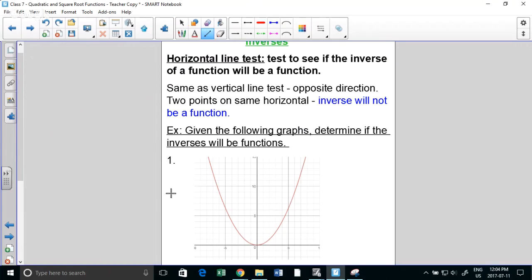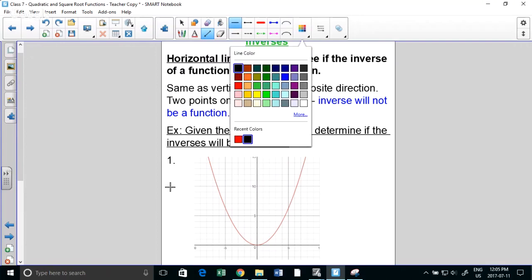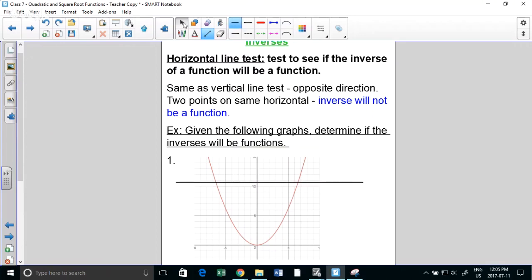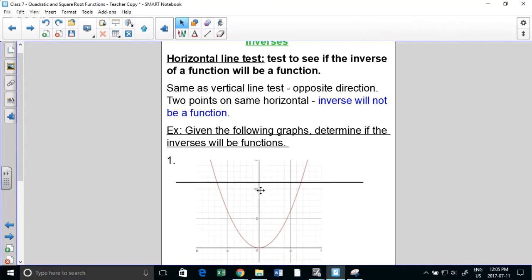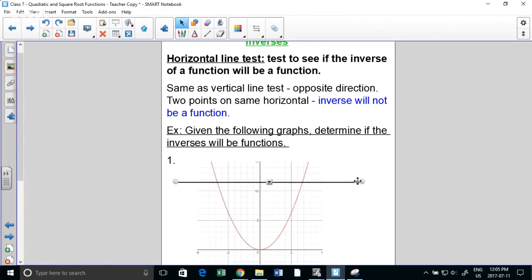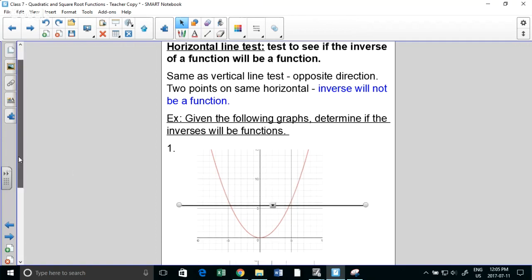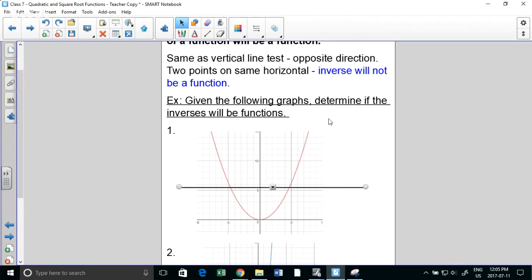So if I take a horizontal line, why is it in red? I wanted it in black. If I take a horizontal line, essentially what I am doing is I'm testing to see if I have any points on the same horizontal. Because if I have 2 points on the same horizontal, the inverse will not be a function.